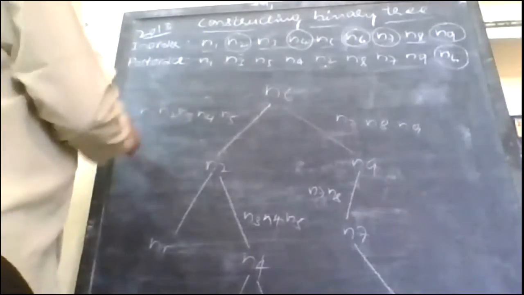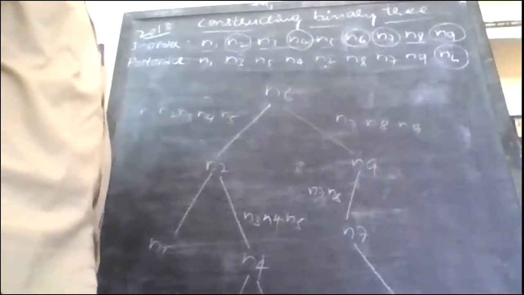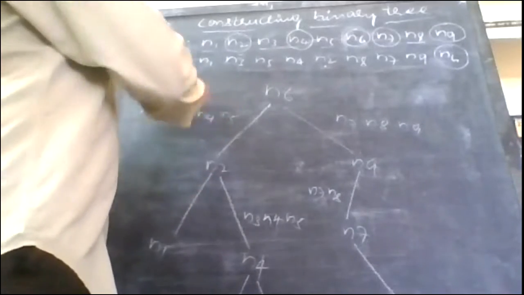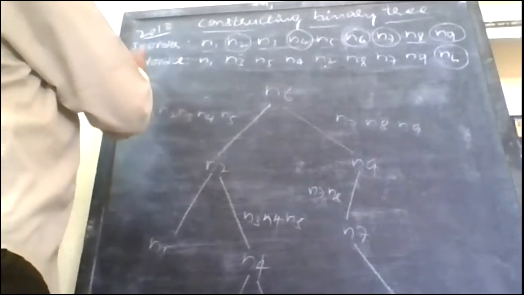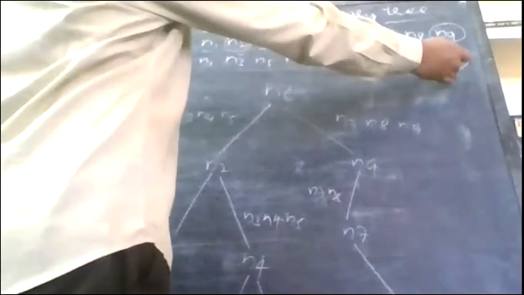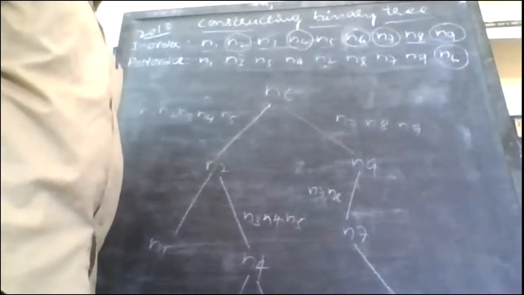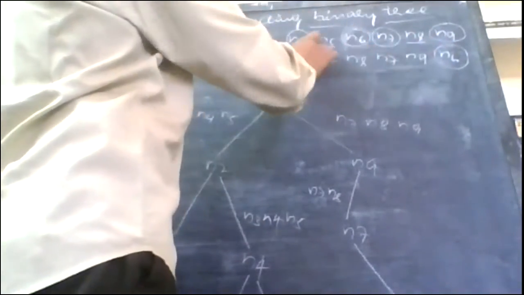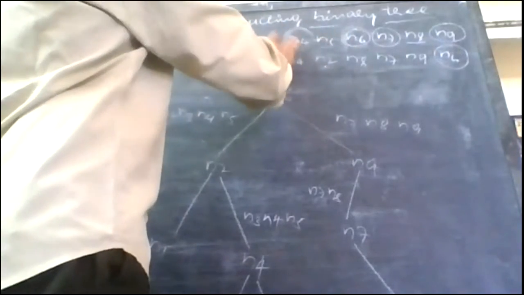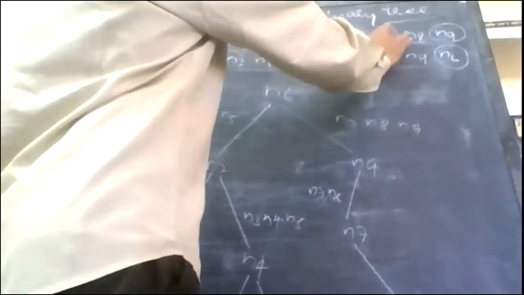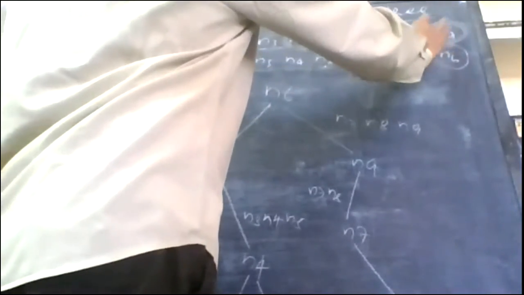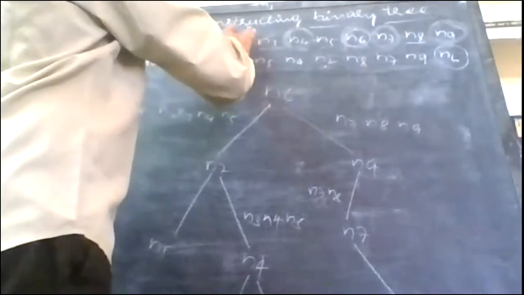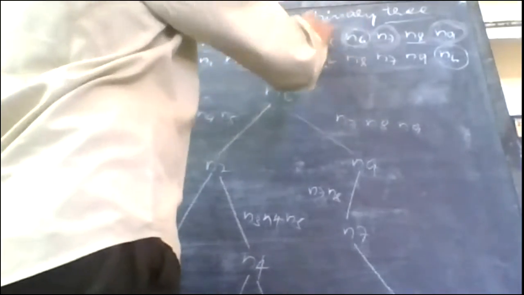I'll repeat from where I started. When I want to construct a binary tree from any two given traversals, here the post order and in order are given. From the post order, it is clear that the root node is N6. First I went to the in order, and I encircled it.